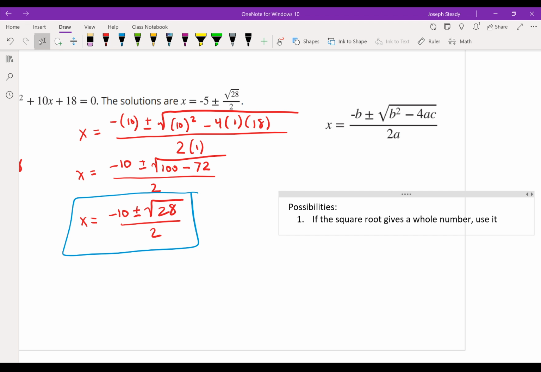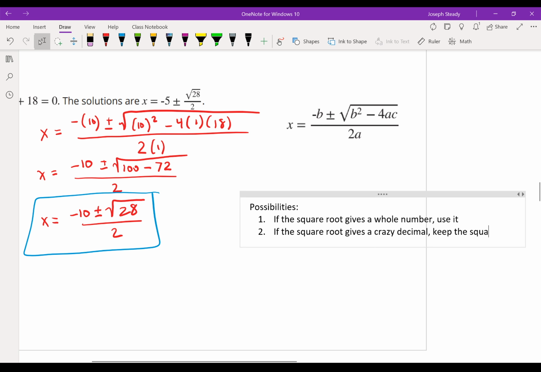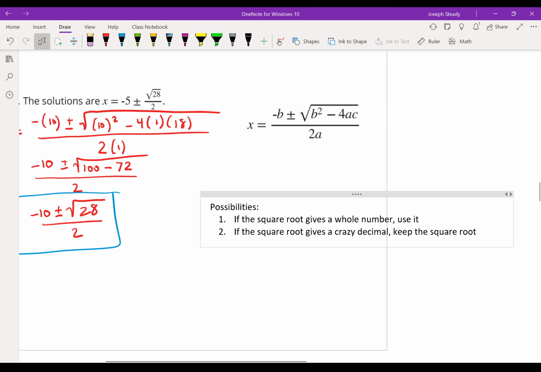Use the square root, just do it. Use that number that you get out. But like we saw here, if the square root gives a crazy decimal, keep the square root. Do not use the crazy decimal.